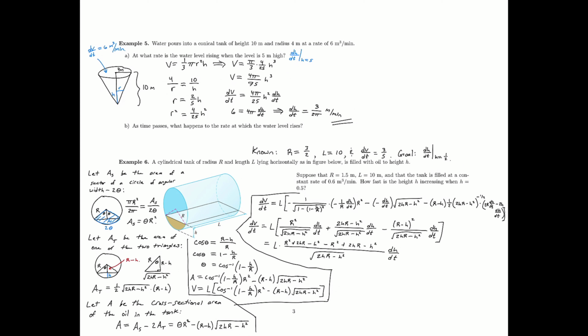Now stuff's going to cancel. The h squareds cancel. The r squareds cancel. Oh, sorry, the h squareds do not cancel. Only the r squareds cancel. But we do have what appears to be 2 times 2hr minus h squared.